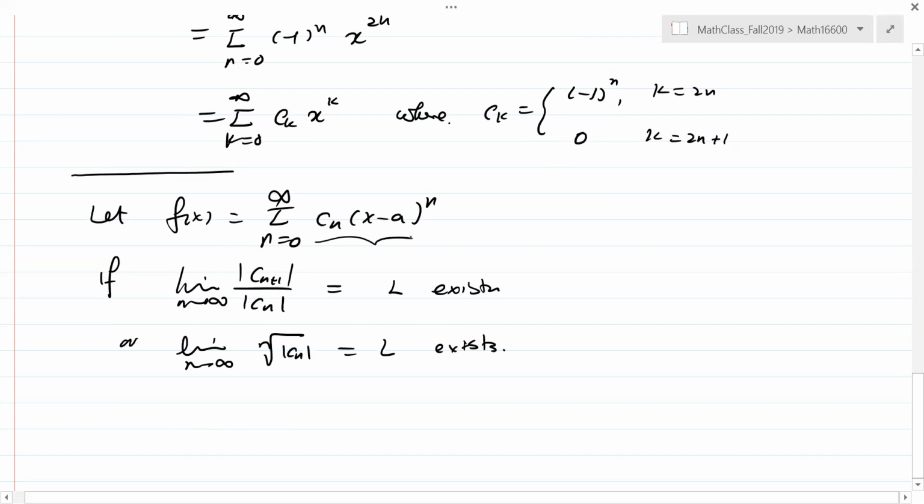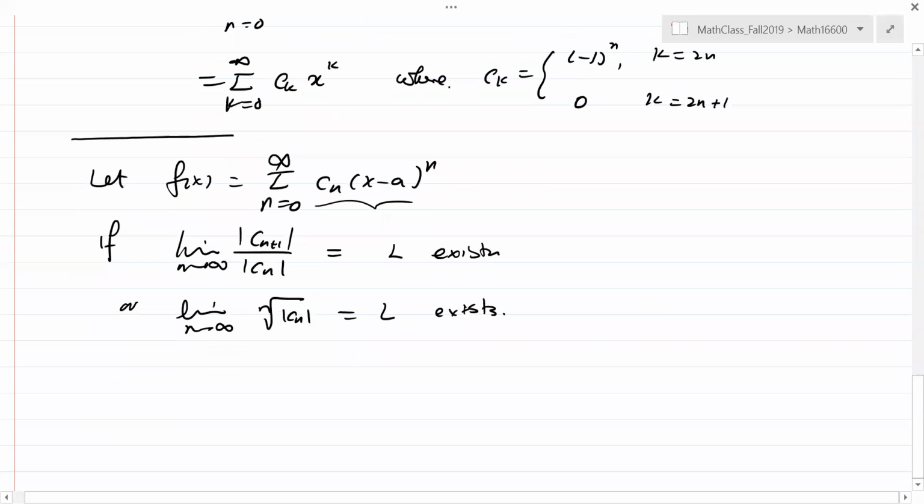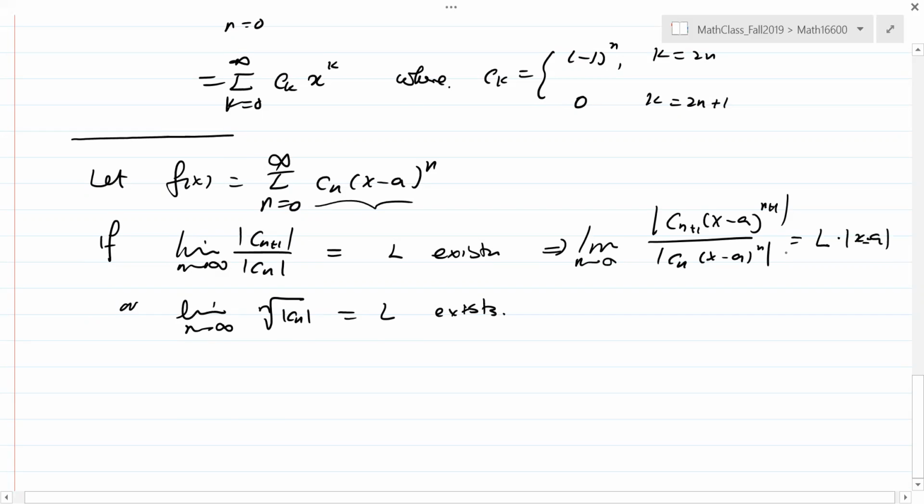There's x minus a there. So that implies the ratio equals L times x minus a.